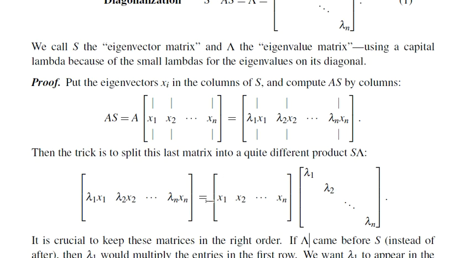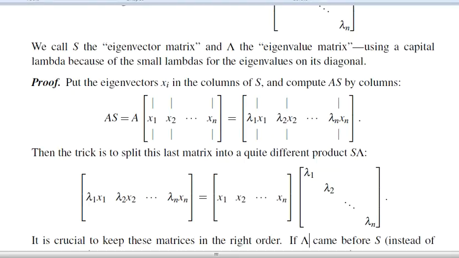So it is x1, x2, x3 up till xn and lambda 1, lambda 2 and so on. When we multiply this, x1 will be multiplied with lambda 1, and all the other elements would be 0, and likewise for x2. In this fashion we can understand this.